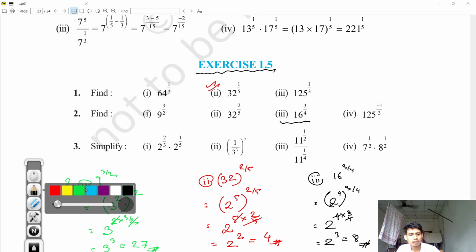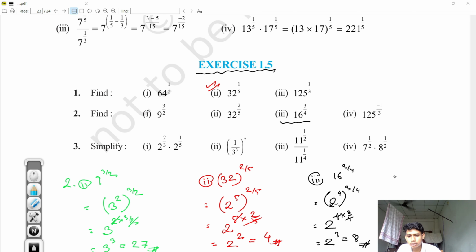And the last question, number 4, 125 to the power minus 1/3. That implies 5 cube whole to the power minus 1/3. That is equals to 5 to the power 3 into minus 1/3. 3 and 3 will cancel each other.